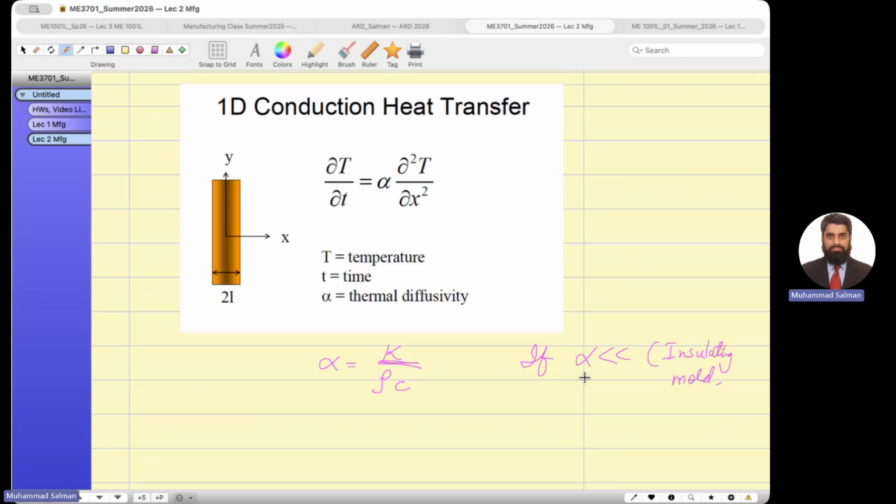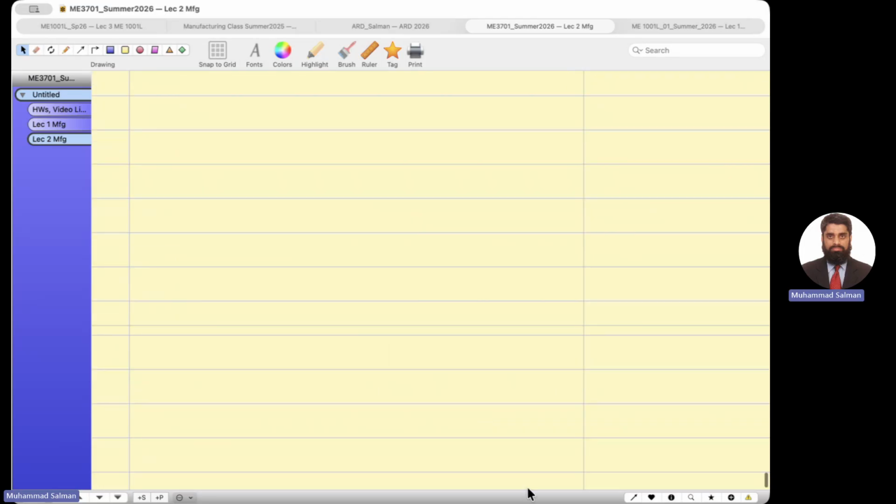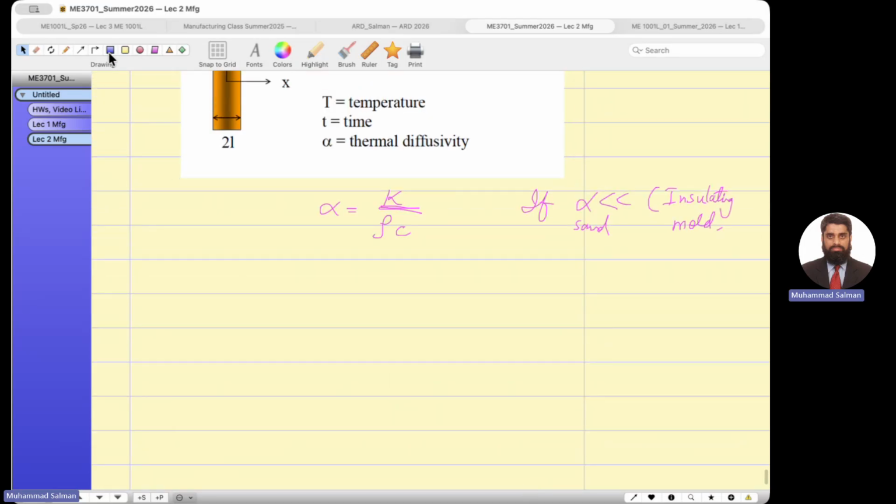So if you compare alpha of sand, because there are different materials, if you have sand versus steel, look, when you have a sand mold versus an iron die, when you have an iron die, this is a mold, and you put the metal through this part.